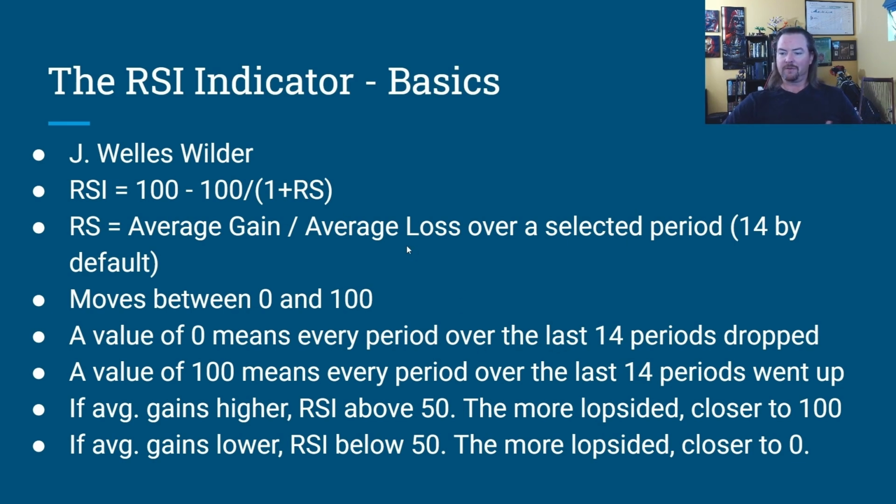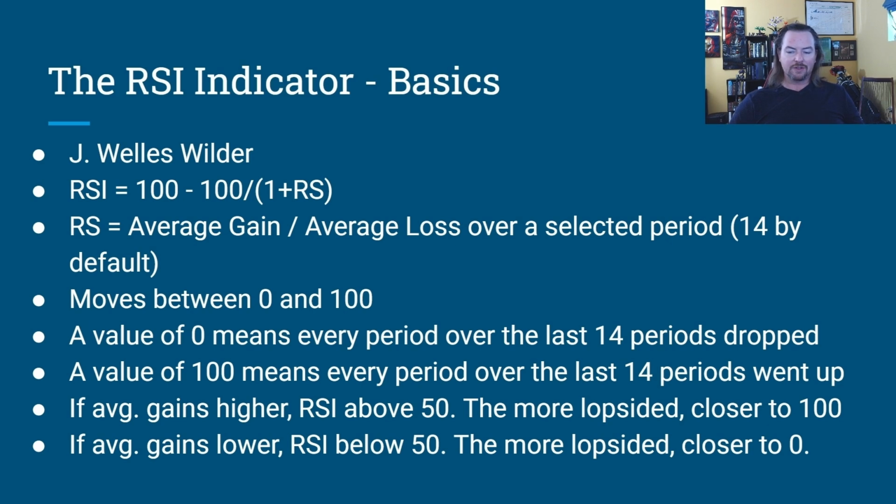So if you got to 0, that means you had no gains over the period, it was just all losses, and you'd be right down at the bottom of the indicator's range. If all 14 periods went up, you'd have a value of 100, right at the top of the range, because there are no losses included in the calculation.